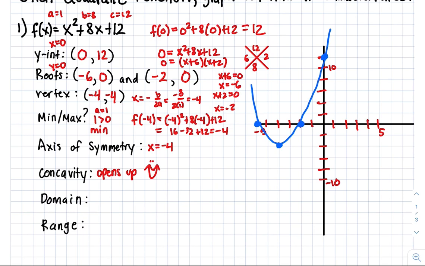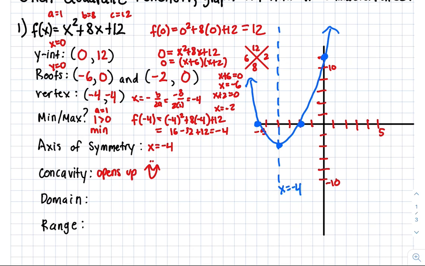So I don't want to intersect over there, but it's going to look like that. Axis of symmetry, right on x is equal to negative 4. Okay, pretty good. Now domain and range.